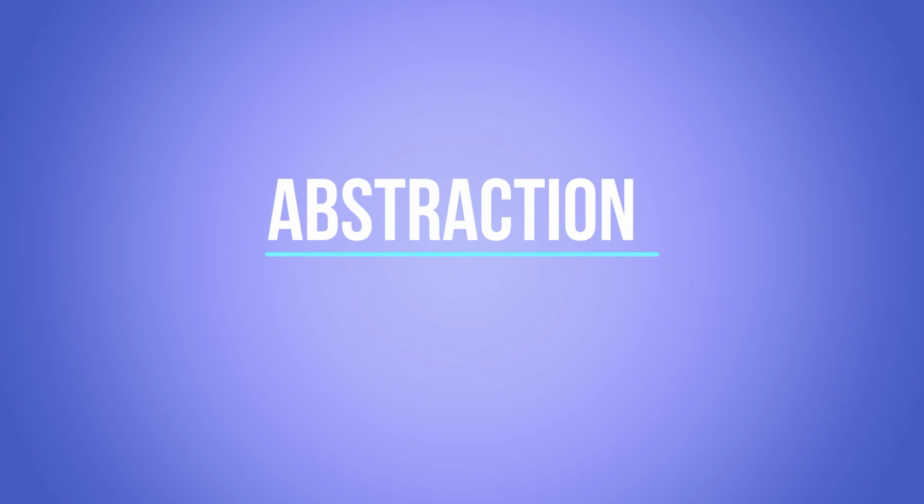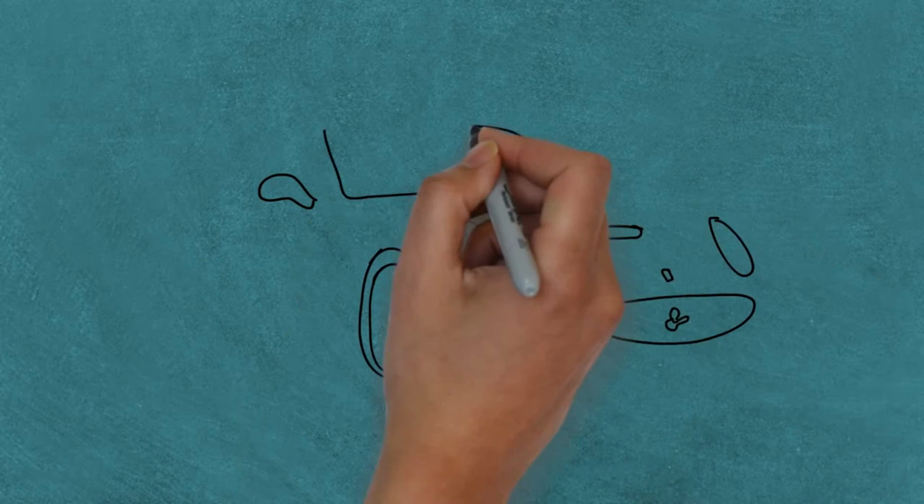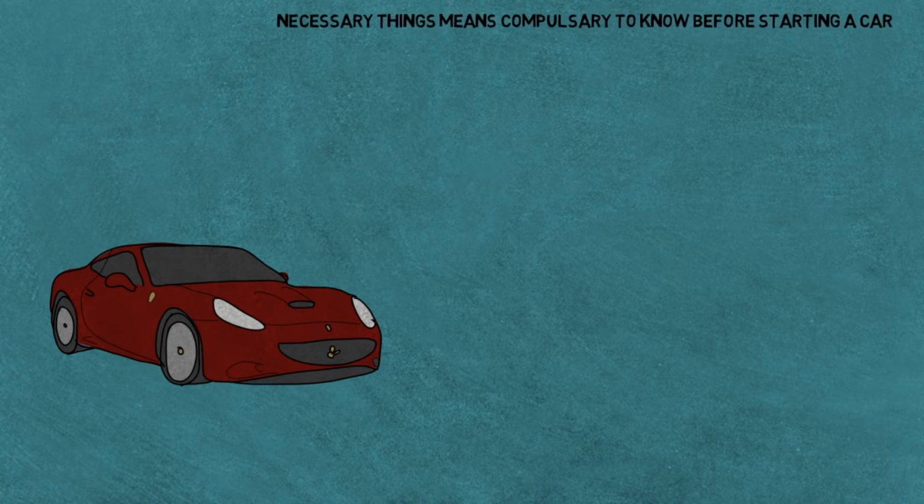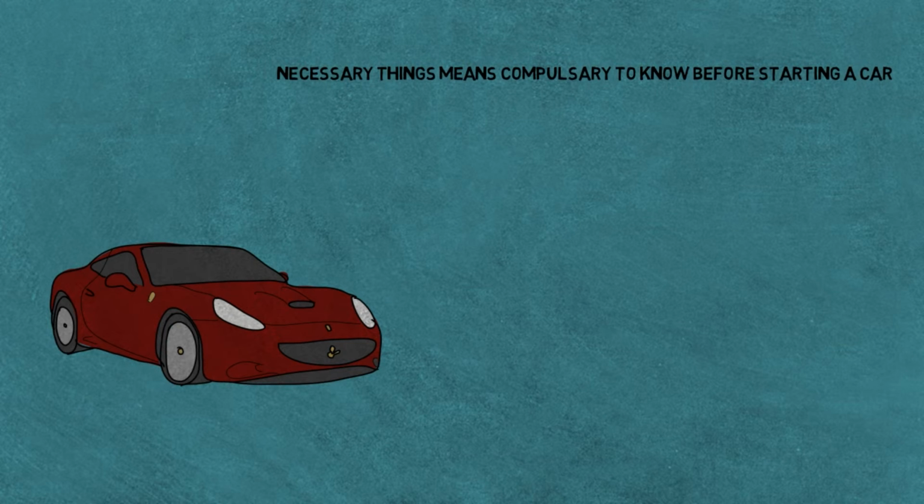Abstraction is one of the principles of object-oriented programming. Let's take a look at how we can implement abstraction using the C# programming language. To implement abstraction, let's take an example of a car. To drive a car, what kind of things should a car rider know before he starts driving?